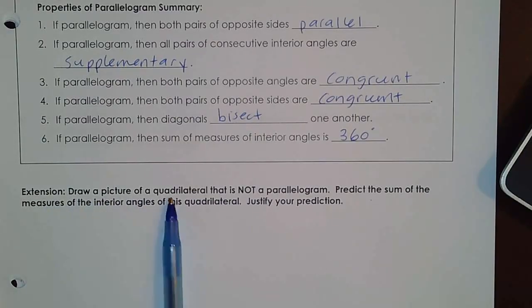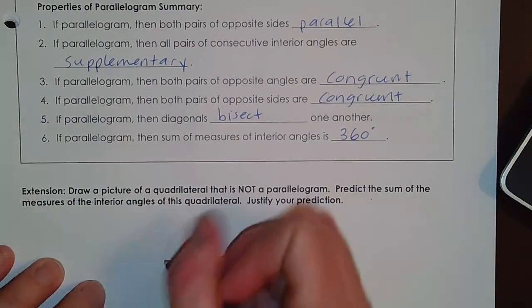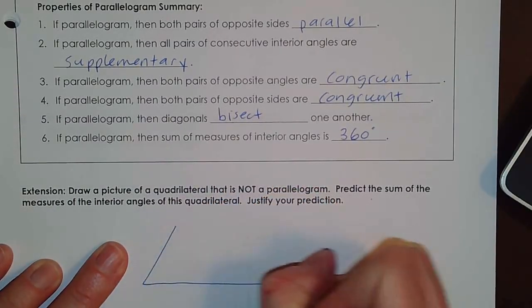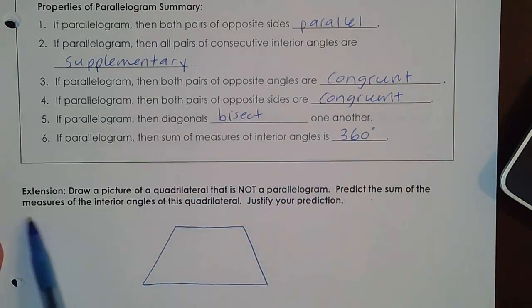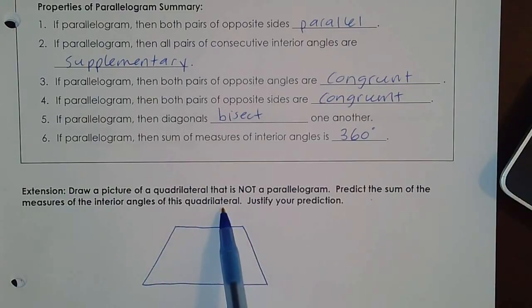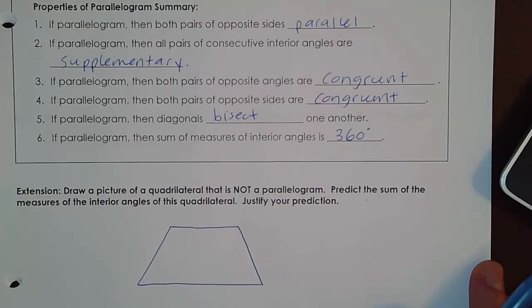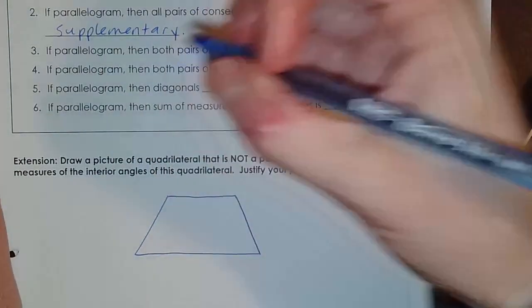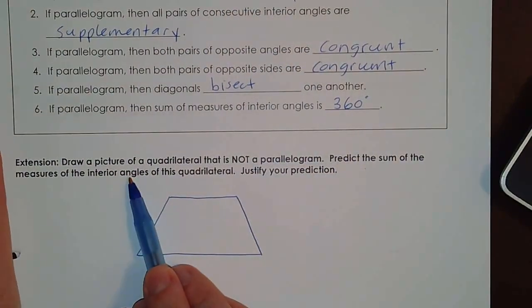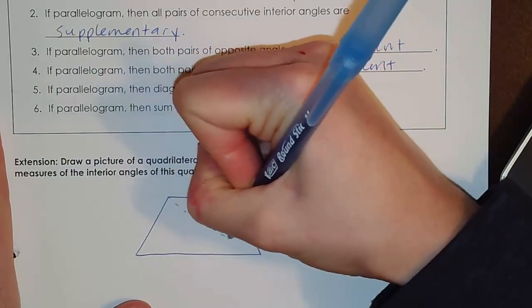So draw a picture of a quadrilateral that's not a parallelogram. You can draw anything. I'm going to draw something that looks like a trapezoid, I guess. It really does not matter. Predict the sum of the measures of the interior angles of this quadrilateral. Justify your prediction. So there's my quadrilateral, four-sided figure, not a parallelogram. And I have to figure out the interior angles. So I'm just going to cut this with a diagonal.